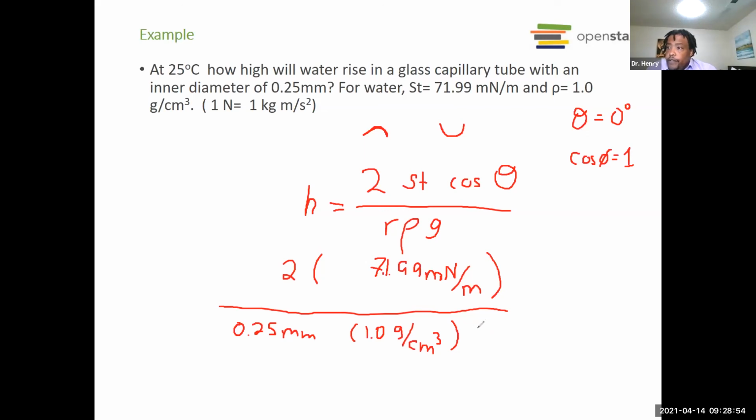And then we have the gravitational pull, which is 9.8 meters per second squared.